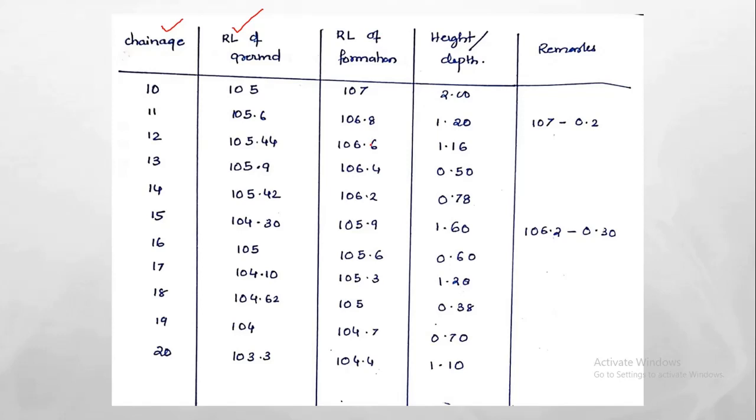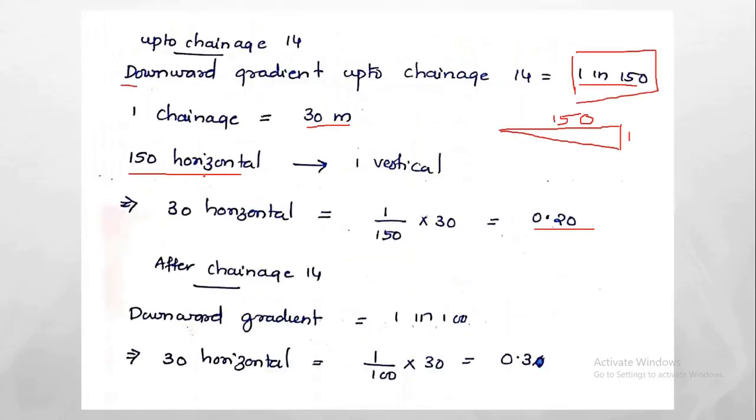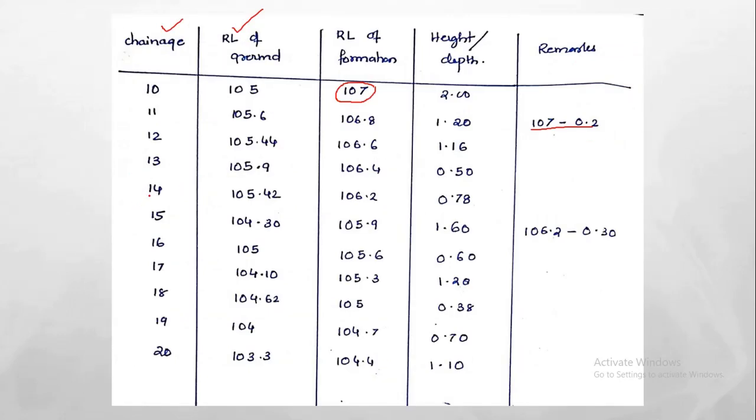ഇതെങ്ങനെയാണ് കണ്ടുപിടിച്ചത്? ശ്രദ്ധിക്കുക. This value is already given in the question. Okay. And ഈ 106.8 എങ്ങനെയാണ് കിട്ടിയത്? Remarks. The remarks column is shown. ഇതിന് മുമ്പിലത്തെ സ്ലൈഡിൽ പറഞ്ഞിരുന്ന എന്താണ്? ചെയിൻ ഏജ് 14 വരെ എന്താണ് റേറ്റ് കുറയുന്ന എന്തായാലും ക്വസ്റ്റ്യനിൽ തന്നിട്ടുണ്ട് ഡൗൺവേർഡ് ഗ്രേഡിയന്റ് ആണെന്ന്.